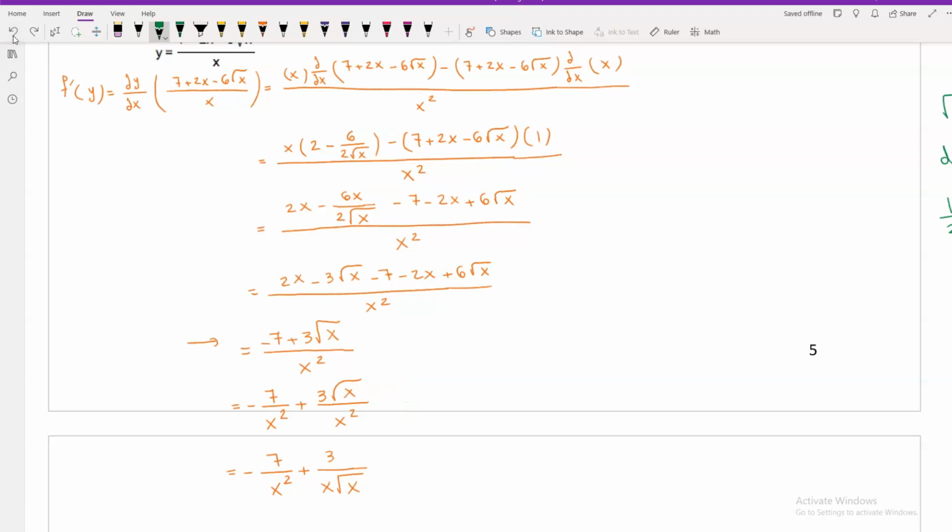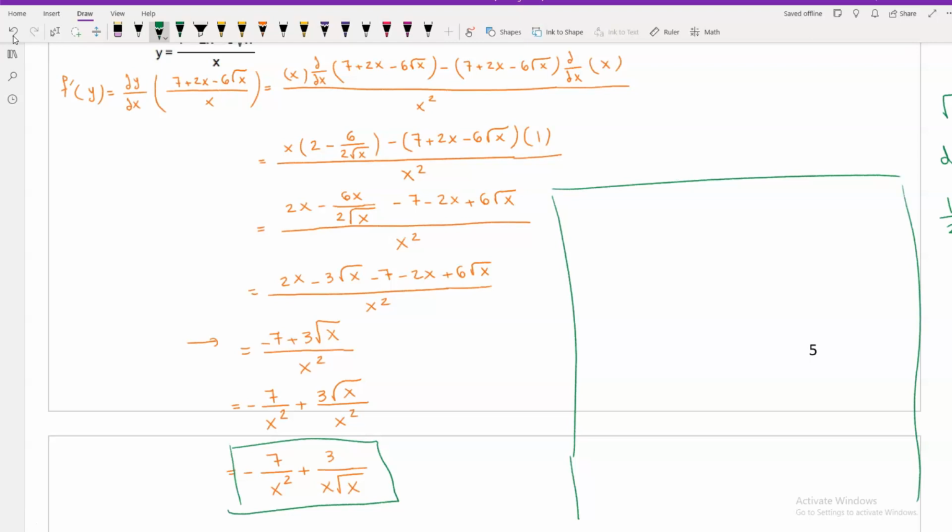We can also find the answer without using this quotient rule. So I'm going to write that one here. The derivative could also be found without using the quotient rule by writing (7 plus 2x minus 6 times square root of x) divided by x as 7 divided by x plus 2x divided by x minus 6 times square root of x divided by x.